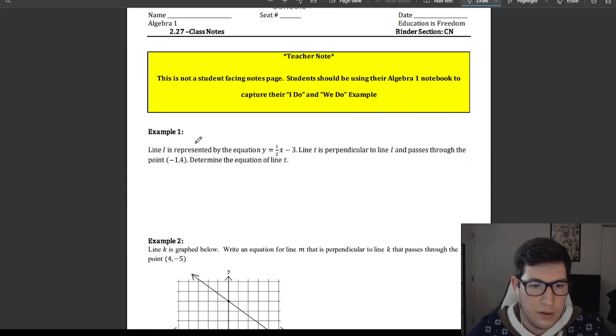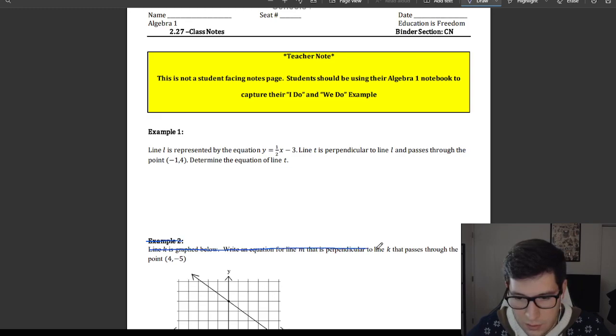Alright. So, today, we're not worried about example 2, just like yesterday. We are looking at example 1, and example 1 says that line L is represented by the equation y equals 1/2 x minus 3.